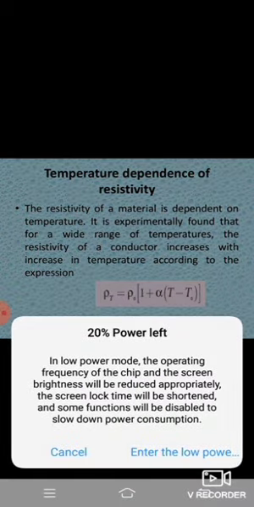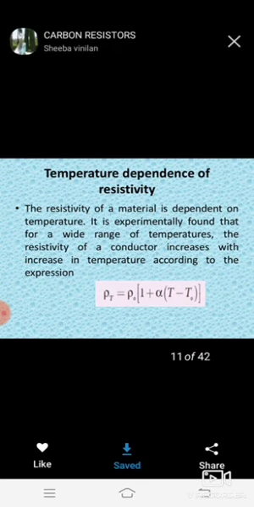So when the temperature increases, the resistivity of the conductor also increases. It is given by the expression rho T, where rho T is the resistivity of the material at a temperature T, equal to.